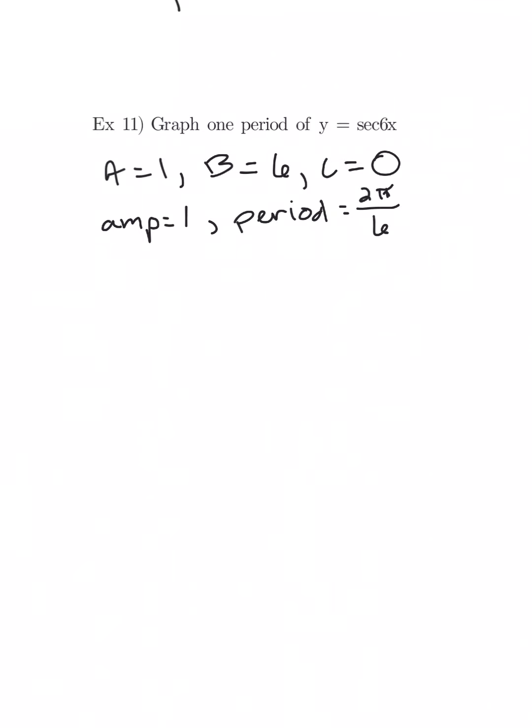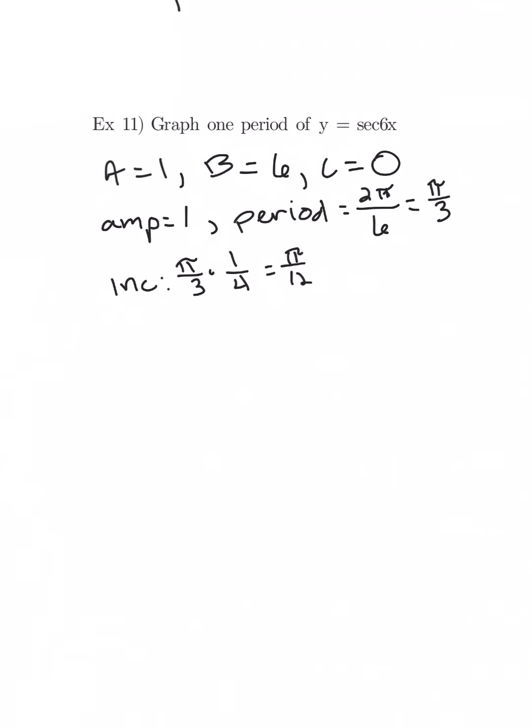Our b is 6. Well, 2 pi over 6 simplifies to be pi over 3. Our increments, we take the period that we just found, pi over 3, divided by 4, or times 1/4, and get pi over 12.